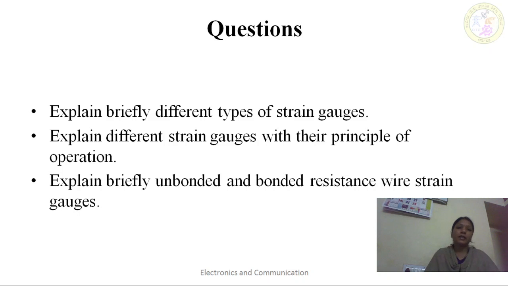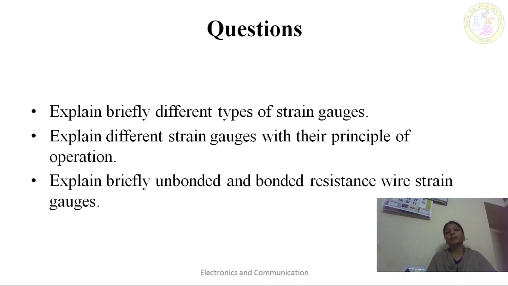The next question is: explain different strain gauges with their principle of operations. You have to explain all the strain gauges with their principle of operations. The next question is: explain briefly unbonded and bonded resistance wire strain gauges.